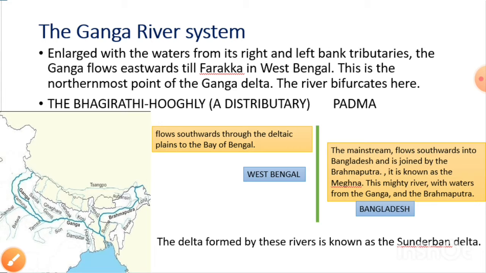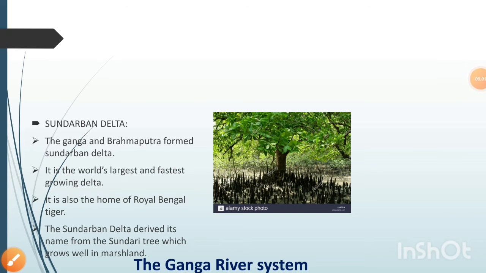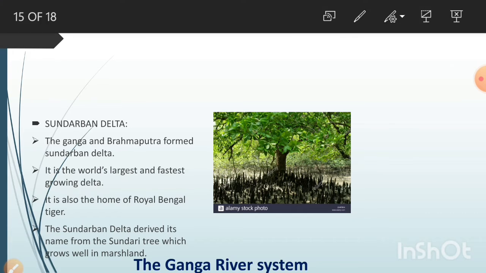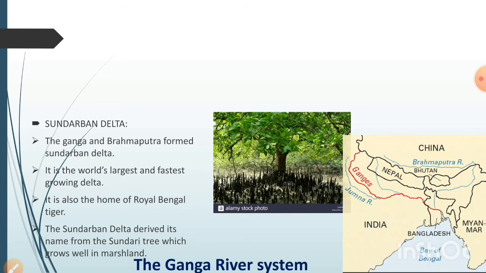The delta formed by these three rivers, Ganga, Brahmaputra and Meghna, is known as the Sundarban delta. Coming to this slide, this is a map where we can see the Ganga and Brahmaputra rivers forming the Sundarban delta.